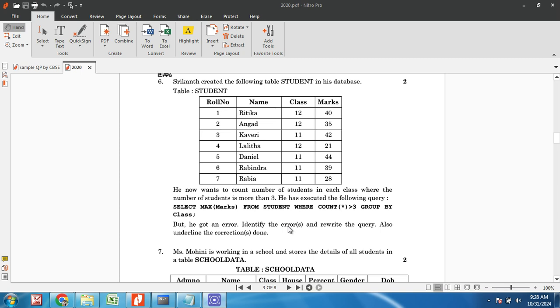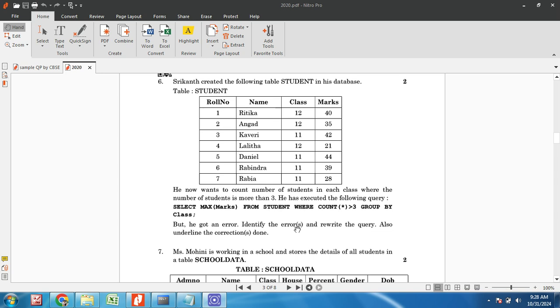But he got an error while executing this command. Identify the errors and rewrite the query. Also underline the corrections done.